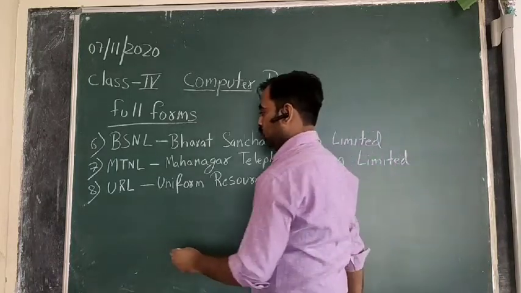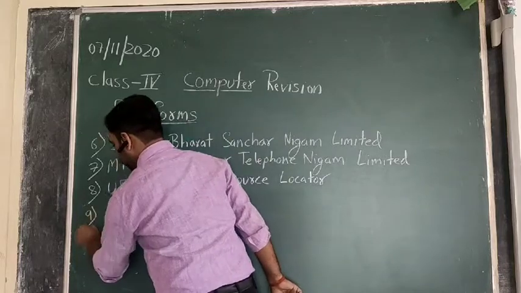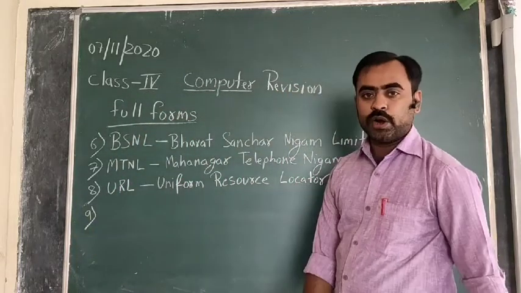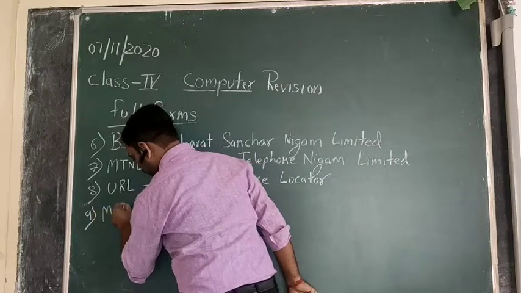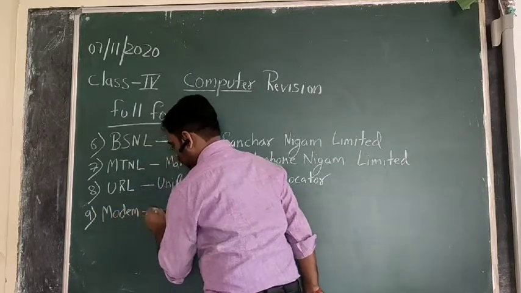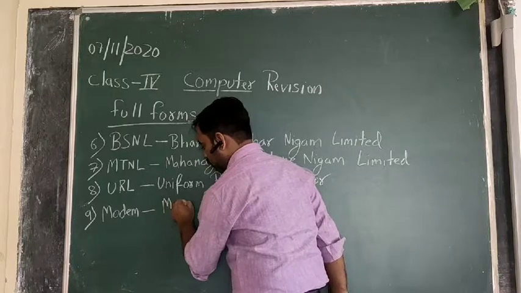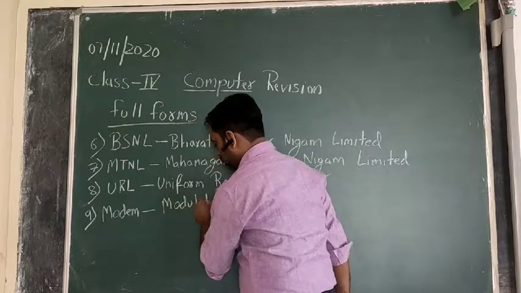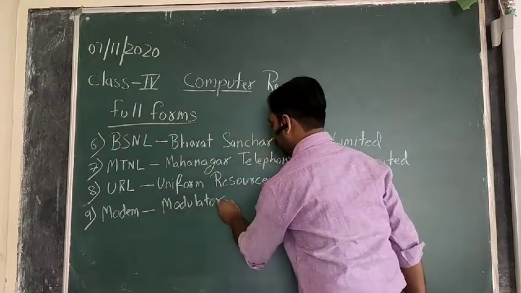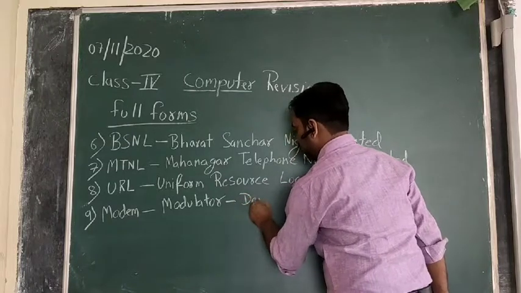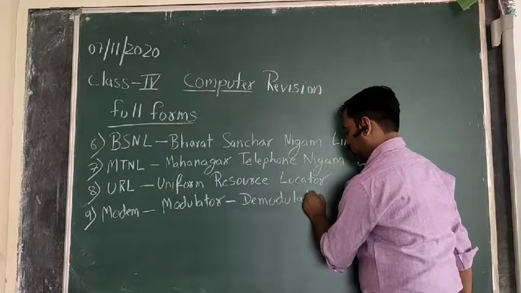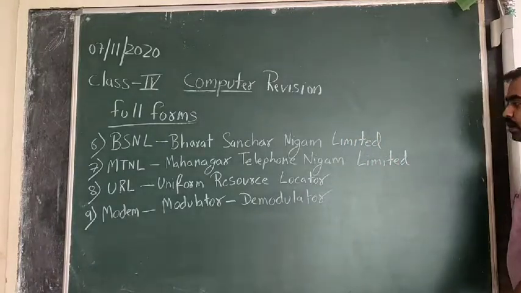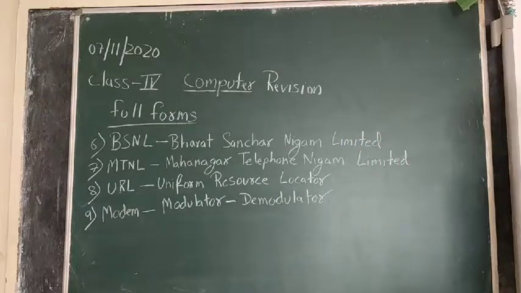The ninth one is modem, the device required for internet connection. The full form is modulator, demodulator. Okay, it is the device necessary for the internet connection.